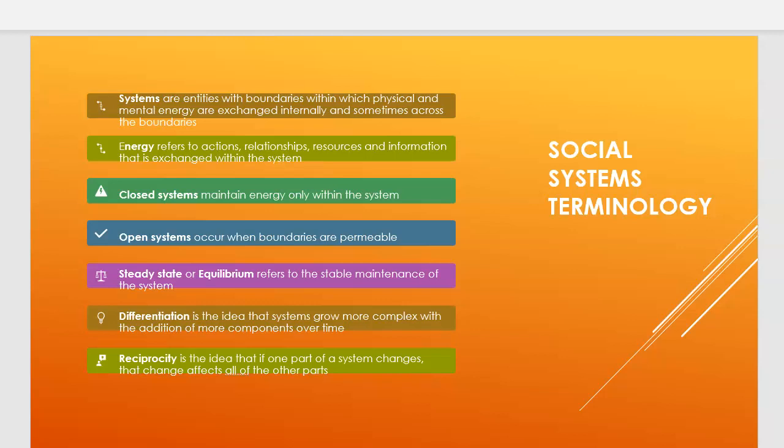Now, it is possible that a system can be too closed, too isolated, and a system can also be too open.